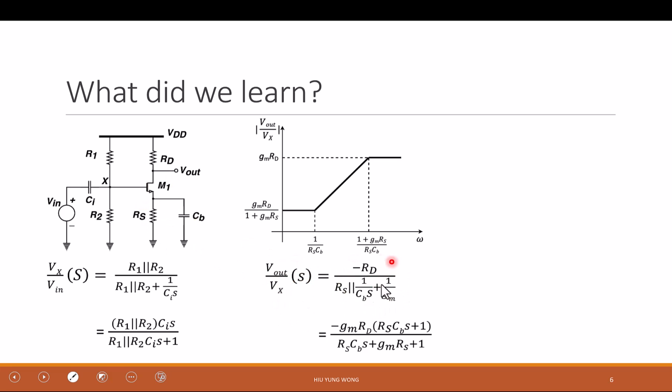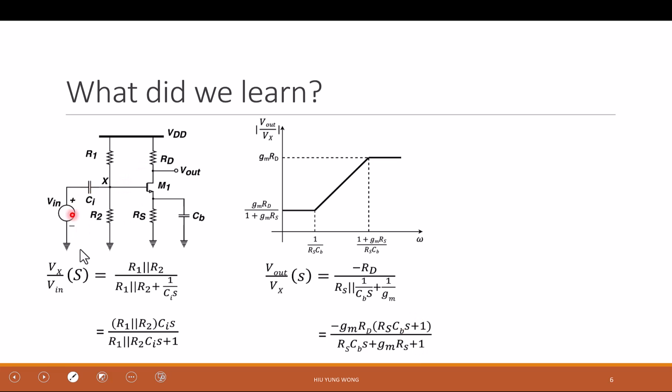I use the common source with degeneration equation. I put the gm down. It should be negative RD times gm divided by 1 plus gm times the degeneration impedance. So that is this, and then we get this.